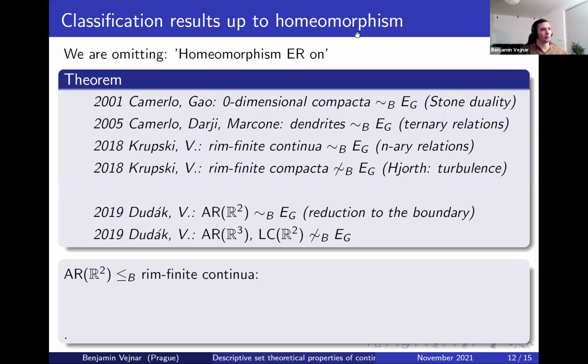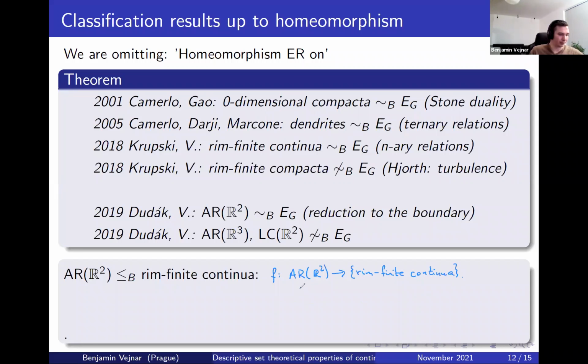Well, the idea is very simple. We want to find a mapping F which goes from absolute retracts in R2 to the collection of rim-finite continua, such that it is a Borel reduction.